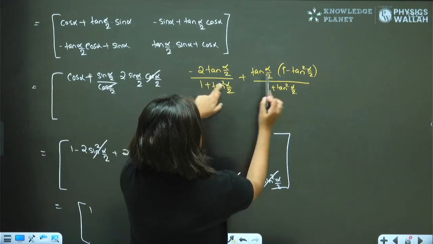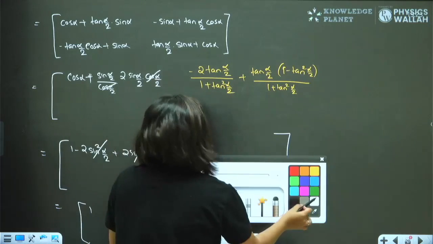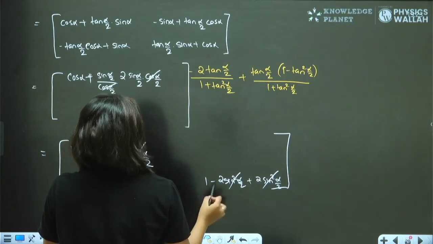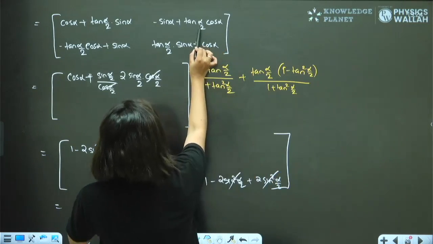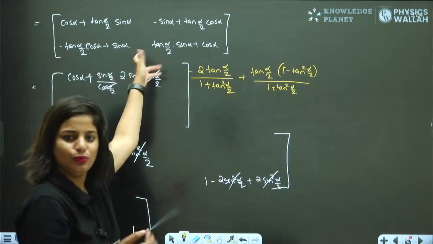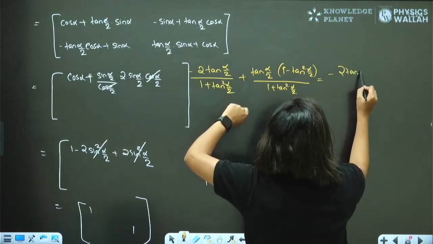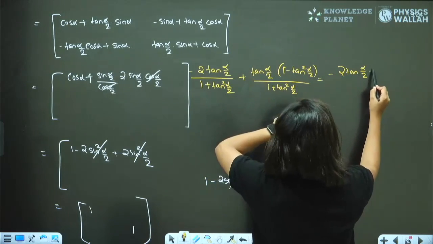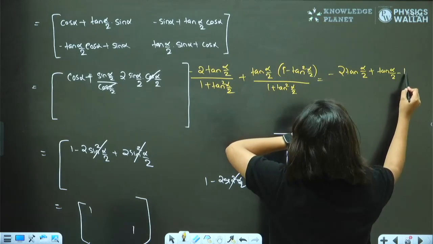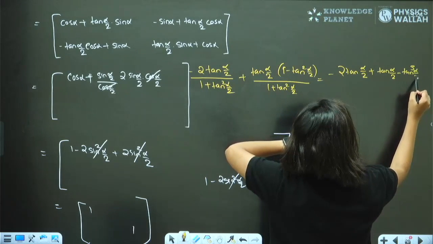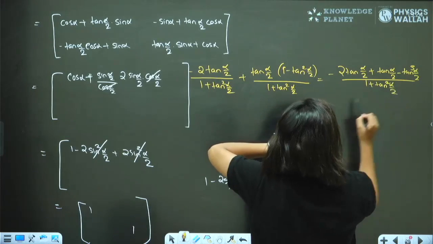Denominators are same. Try to simplify the numerators. Now the matrix has gone somewhere else. I am taking this separately and solving, because whatever you will get, this is similar to this. This is equal to minus 2 tan alpha by 2, multiplying this inside, plus tan alpha by 2 minus tan cube alpha by 2 divided by 1 plus tan square alpha by 2.